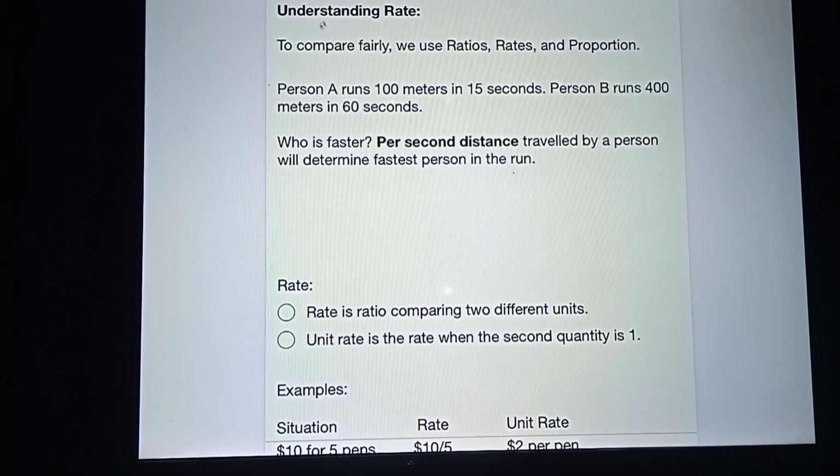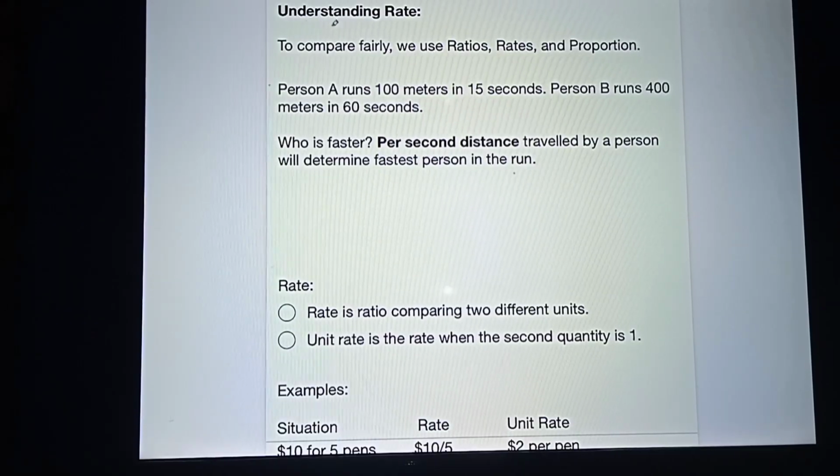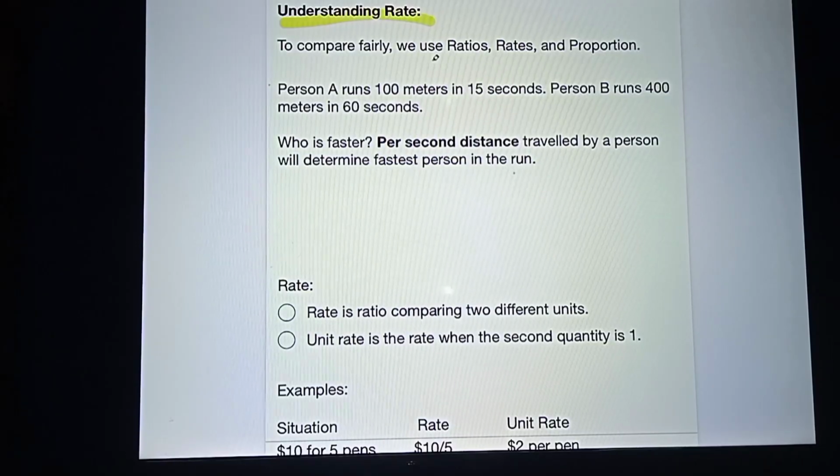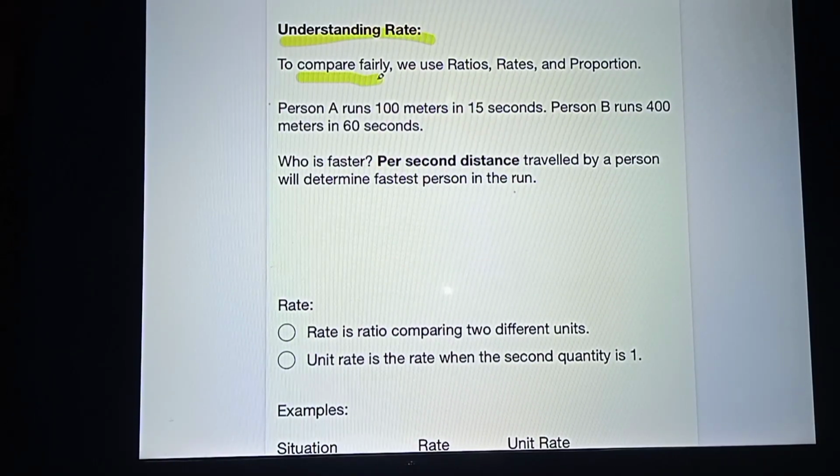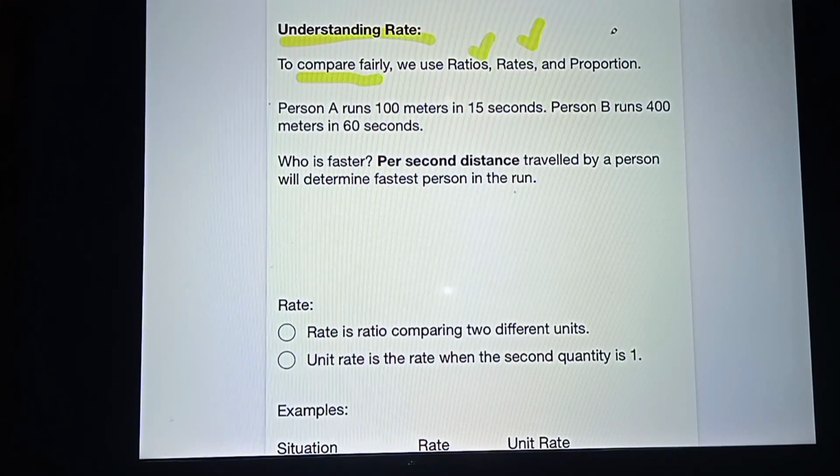Let's discuss rate first. Now we know that to compare fairly we use ratios, rates and proportion.